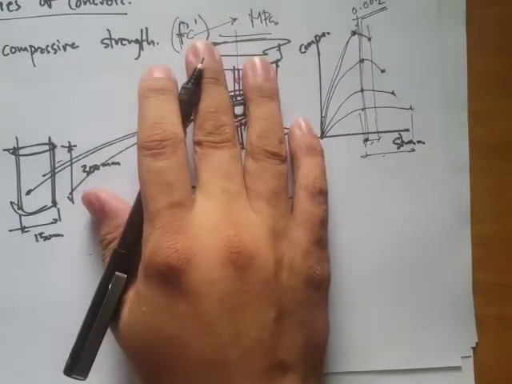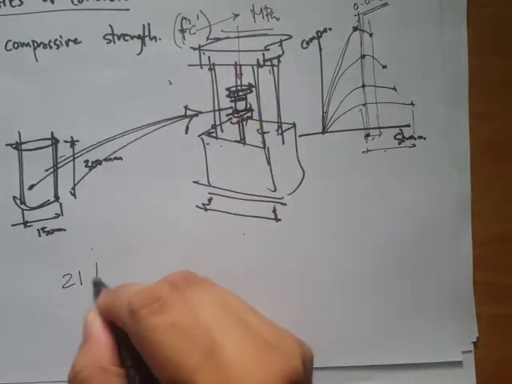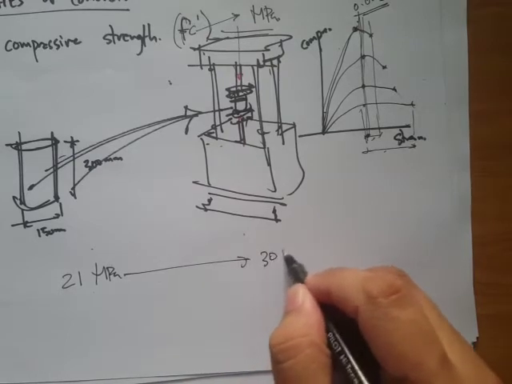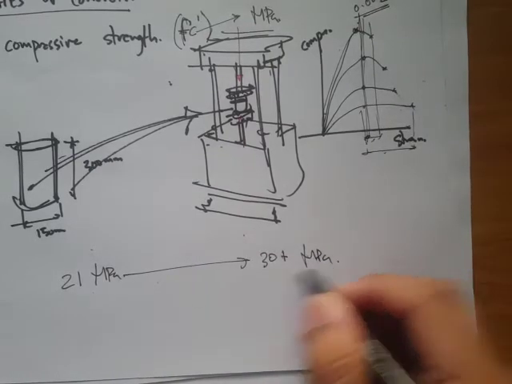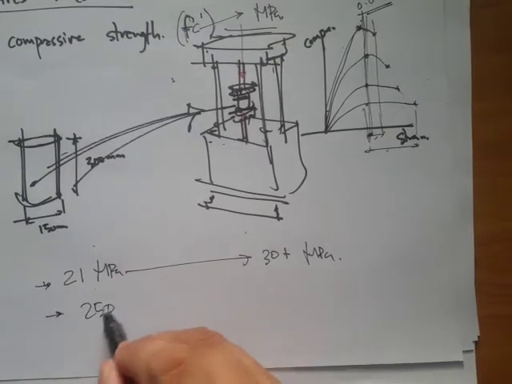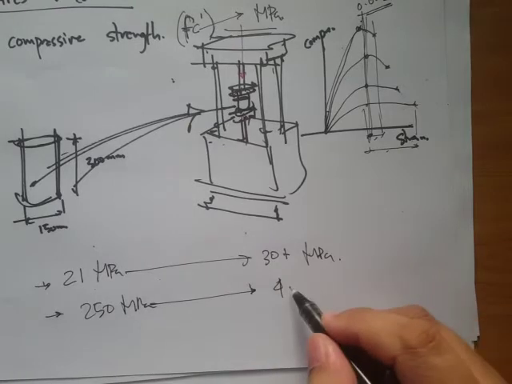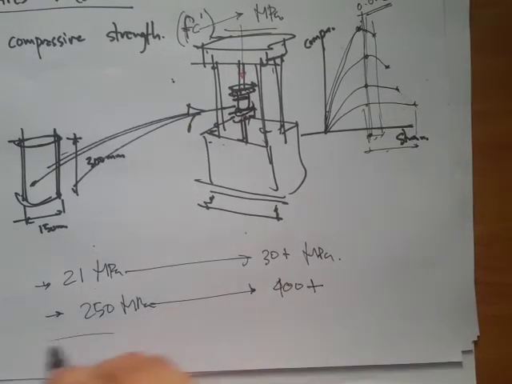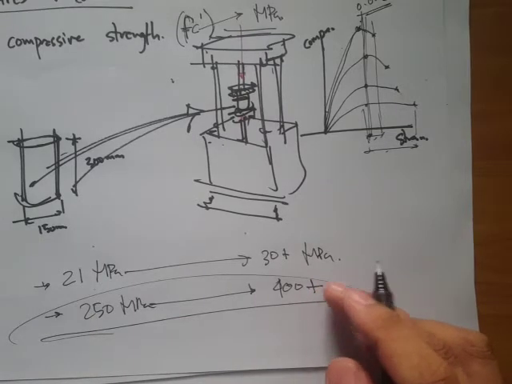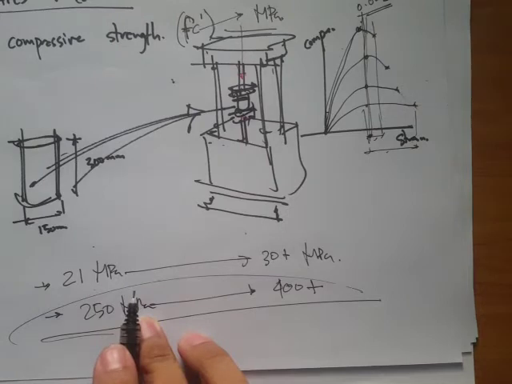The typical strengths we will encounter in calculations would be something like 21 megapascals to 30-plus megapascals. Compare that to the strength of steel, which is around 250 megapascals to 400-plus. So concrete is roughly 10% of the strength of steel.